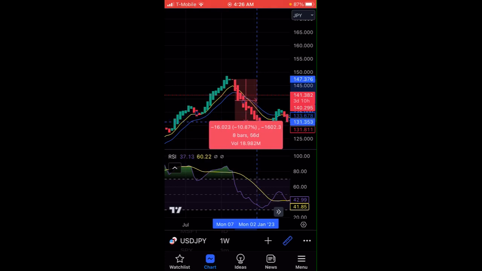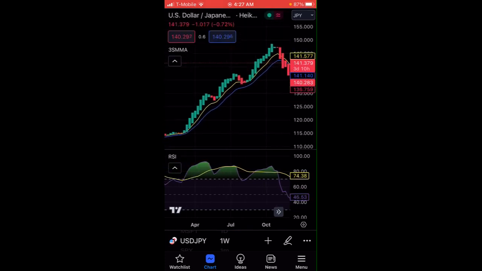So this is 63 days, and there was a difference of, I think, 15,000 pips. It's a 15,000 pip move. So if you had $1 lot size, this move in 63 days would have been close to $16,000 here.